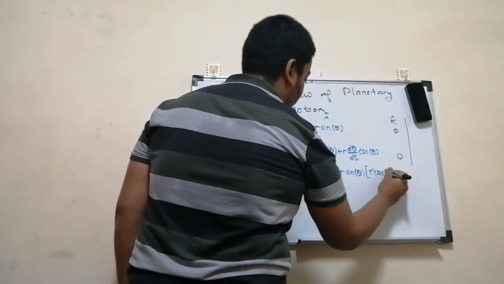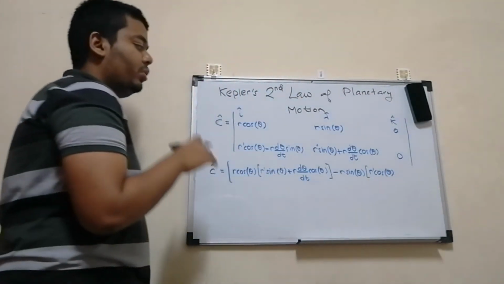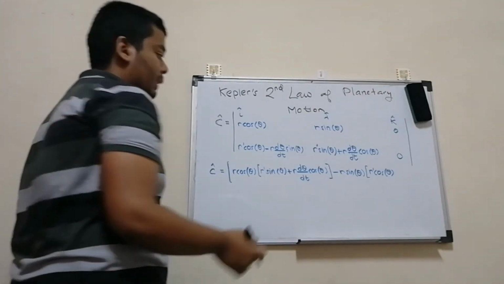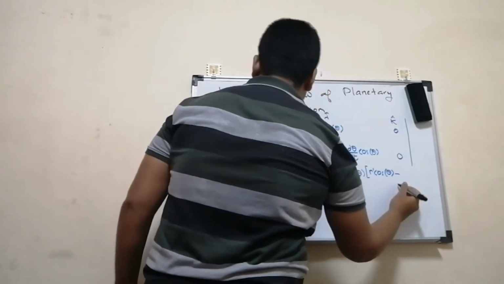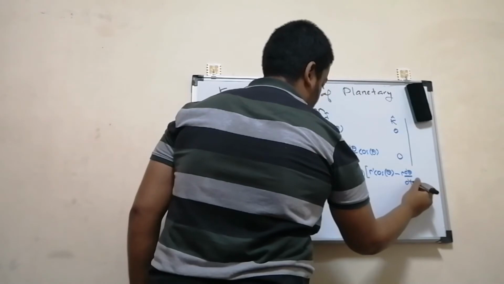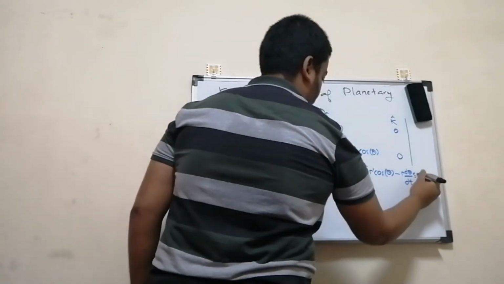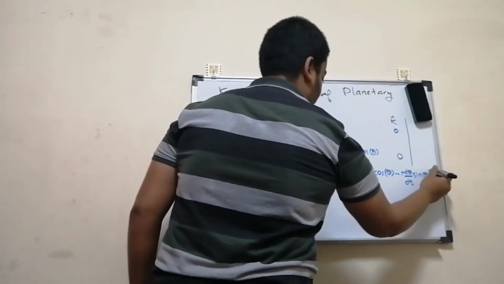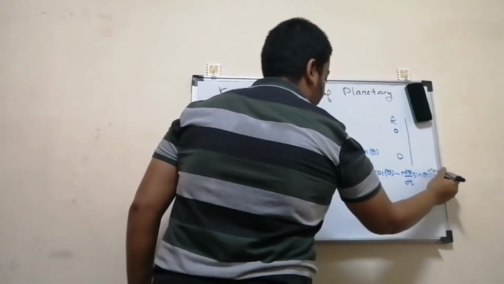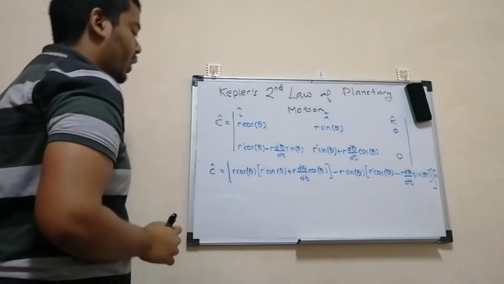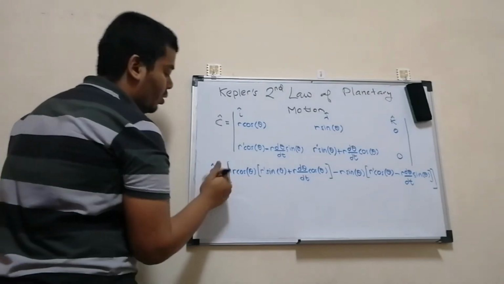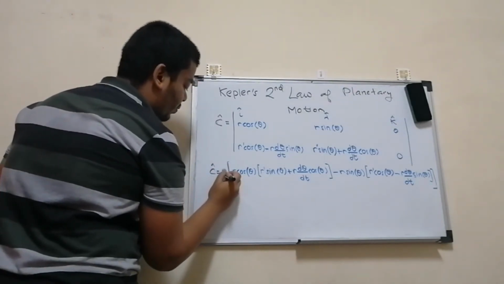It may seem intimidating at first, but when you actually sit down and solve it and simplify it on your own, it will seem much easier. It's nothing but more algebra at this point. This is the k component. Okay, so the k, I'll write the k here because it's not visible over there. You can write it at the end or at the beginning, it really does not matter.